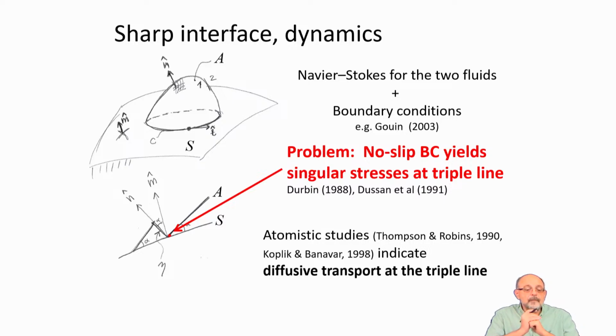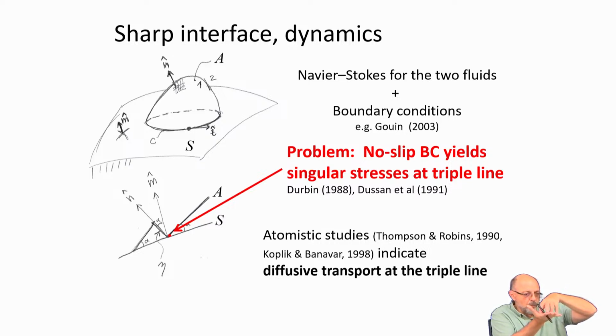On the other hand, atomistic studies have shown that the triple line moves diffusively, and I will explain in some detail what that means. Roughly, think of motion of atoms on the surface. My fingertips are atoms, right? If they move together, that's slip.